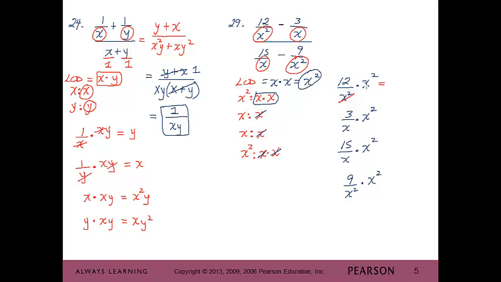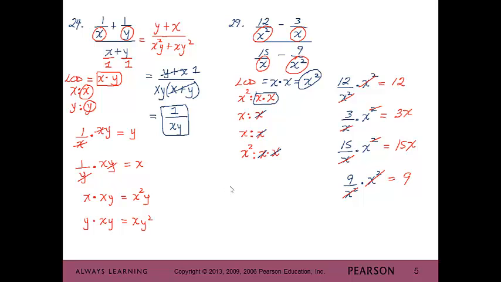In the first, the x squares cancel out and we're left with 12. And for the second, x cancels out and this x squared just becomes x, so 3 times x is 3x. And then x cancels out again, and the x squared is x, and 15 times x is 15x. And then the x squares cancel out, leaving us with 9.